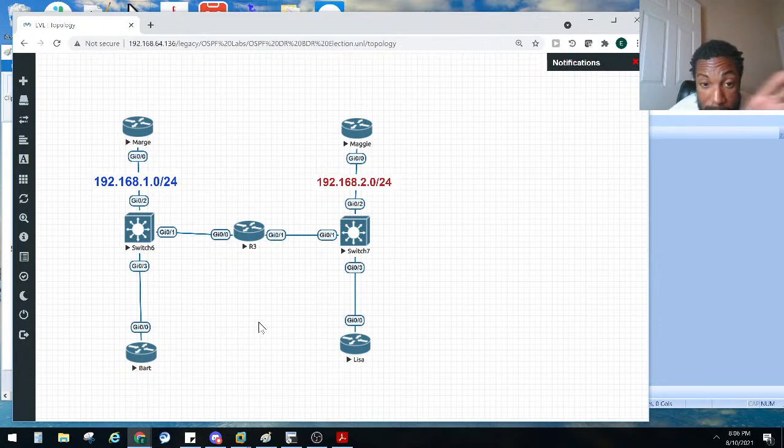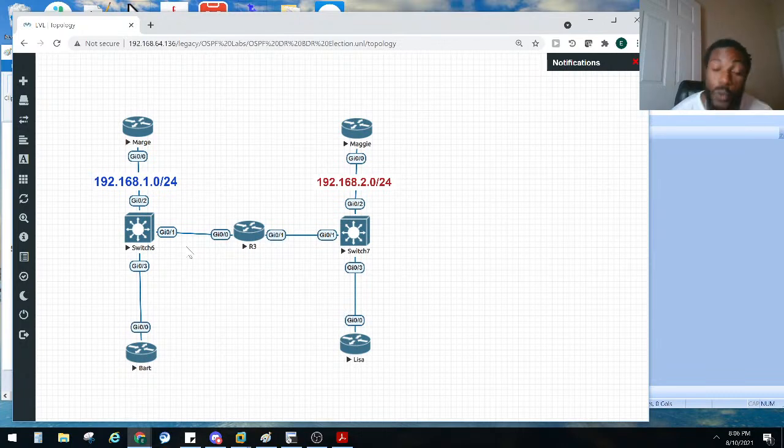Well, not everybody's going to let everybody know about it. We're going to dedicate one of these routers to become a designated router, so that not everybody's telling everybody that something happened on the OSPF network. We're going to have one router that everybody reports to, to get all that information. He is known as the designated router, right?